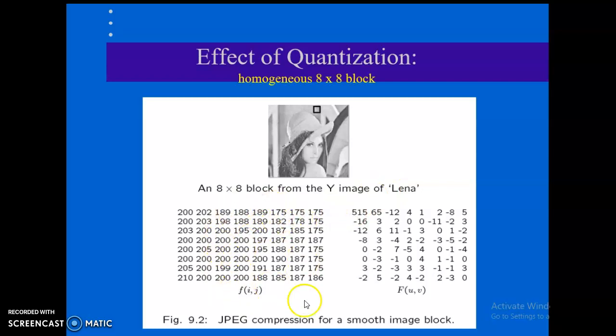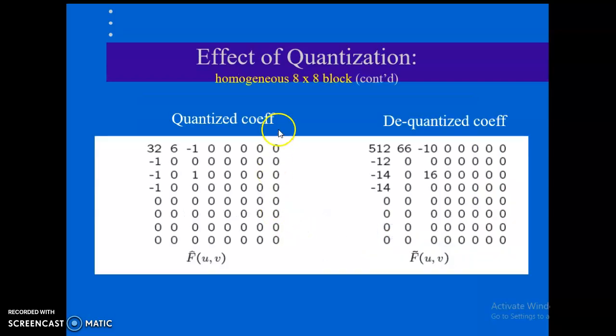Effect of quantization: a homogeneous 8x8 block from the Y image of Lena. This is f(i,j), this is F(u,v). JPEG compression for a smooth image block, continued.